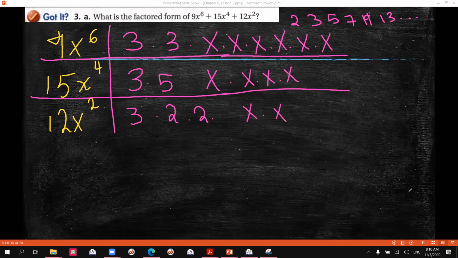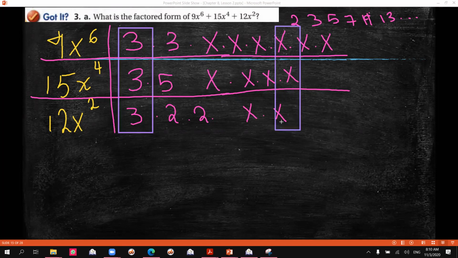I factor each term. After that, we have to find the GCF. How can we find the GCF? By looking at the common factors of them. X, this 3, and this x, and also this x.